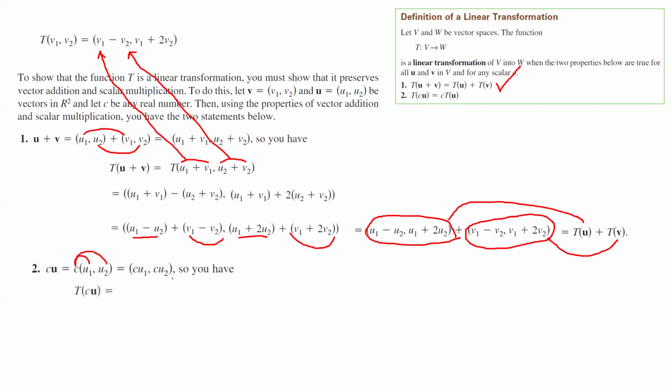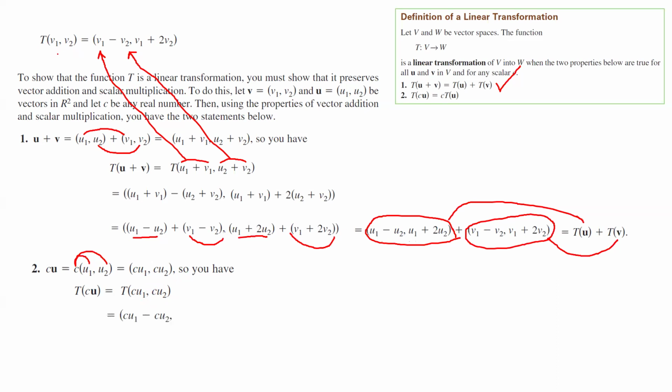Well, T of cu is equal to T of (cu1, cu2). It wasn't that difficult to see. Wherever I see V1, I'm going to plug in cu1. Wherever I see V2, I'm going to plug in cu2 into the definition of the function here.